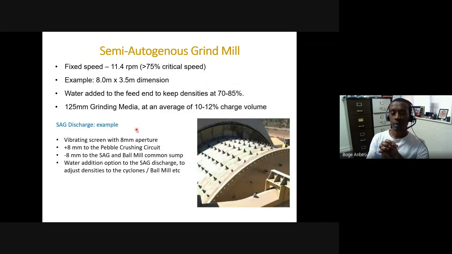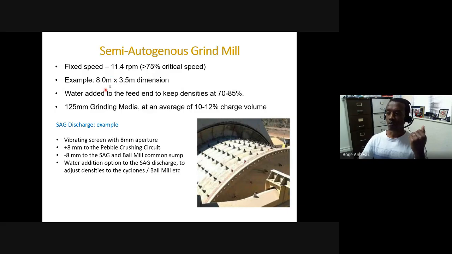So if you look at a SAG mill, okay, where in a SAG mill now we have maybe 10 to 12% of media. In media, for example, I'm talking about 125 mm ball, steel media. The remaining will be hard rocks plus soft rocks. The rotation for the mill that we're looking at is somewhere around 11 revolutions per minute. And this could be, say, around 75 or so percent of the critical speed.